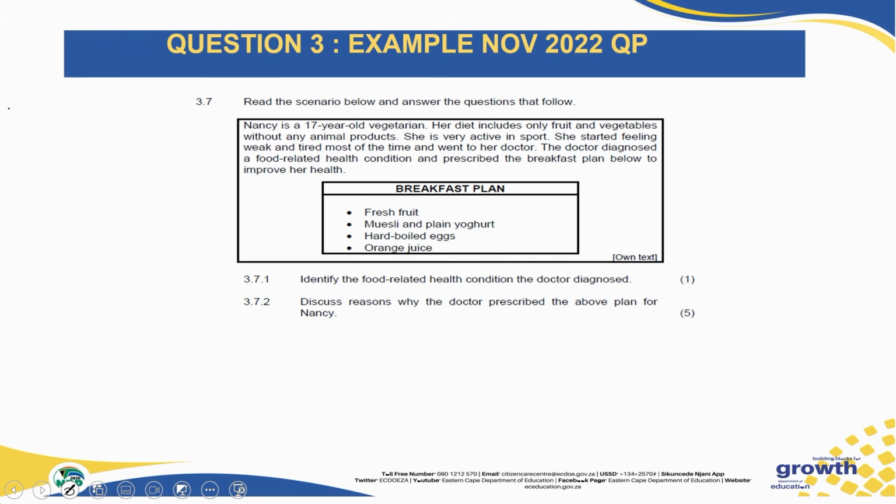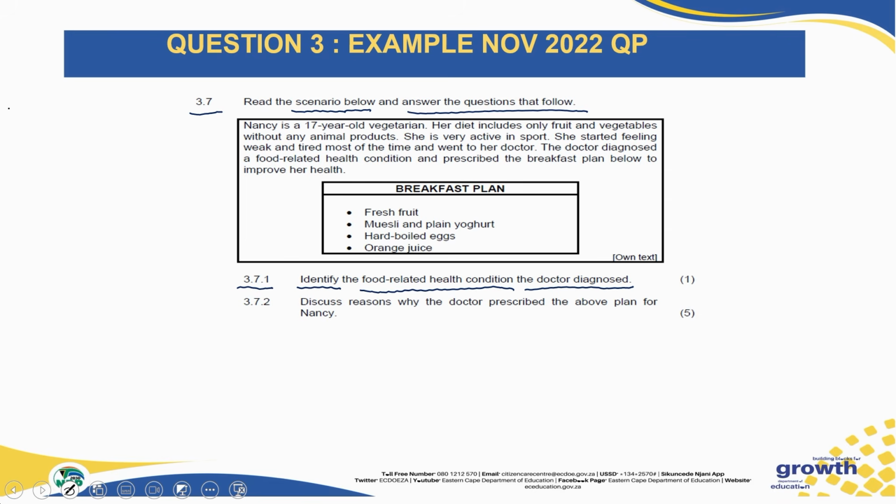So in this question paper, we have 3.7 where you have to read the scenario and answer the questions that follow. So in 3.7.1, you have to identify the food-related health condition that has been diagnosed by the doctor.